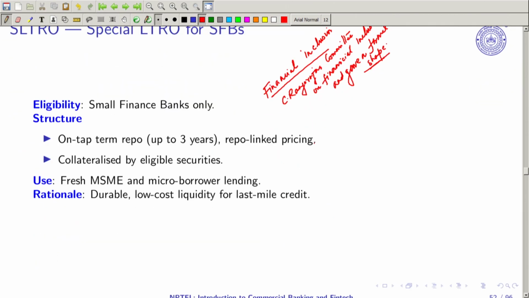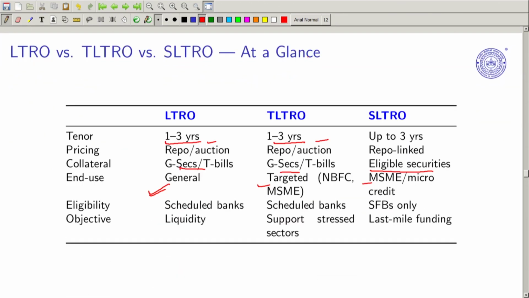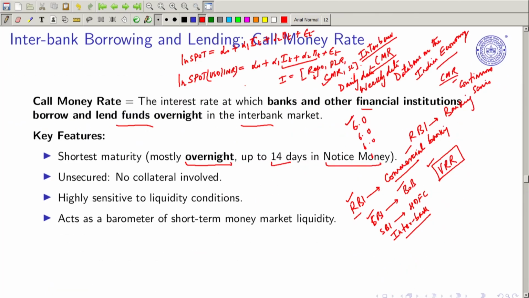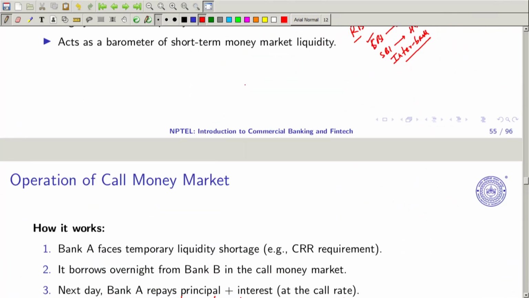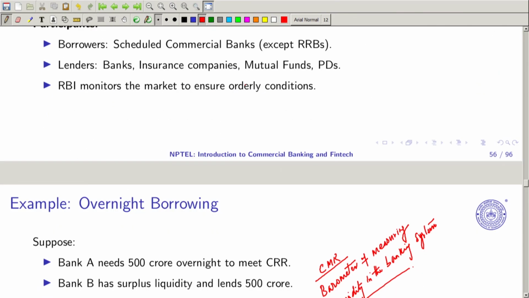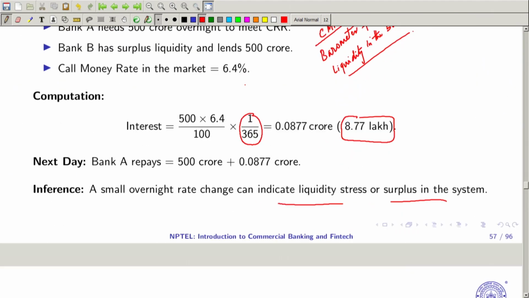All these things are helpful, and this is the comparison sheet. So overall, what we have understood in this session is about the interbank setup, different types of measures, how they work, and why the interbank system is important.